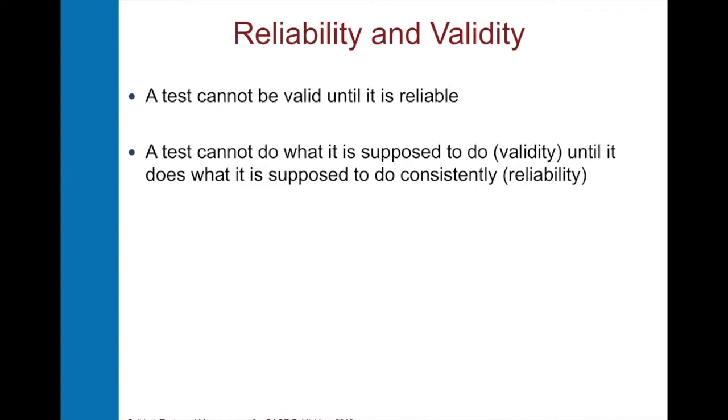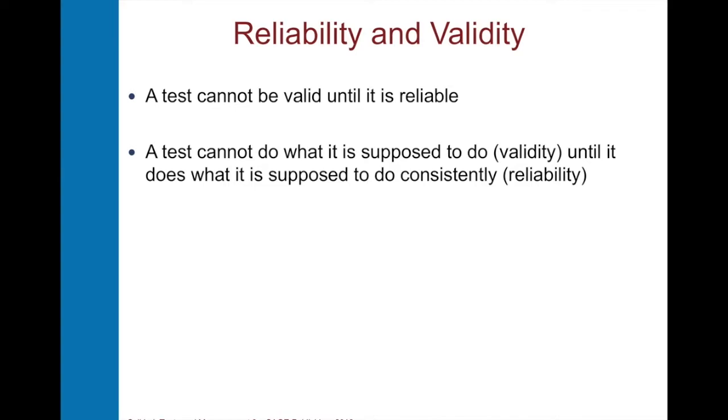The maximum level of validity that you're ever going to get, regardless of whether it's content, criterion, or construct, and I'll talk about those types of validities in just a little bit, is going to only equal the square root of the reliability coefficient.